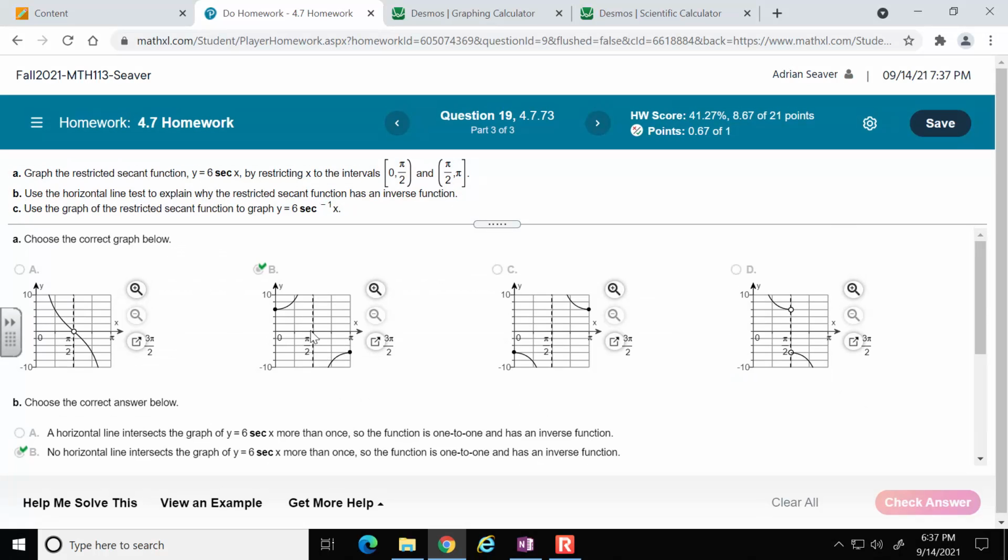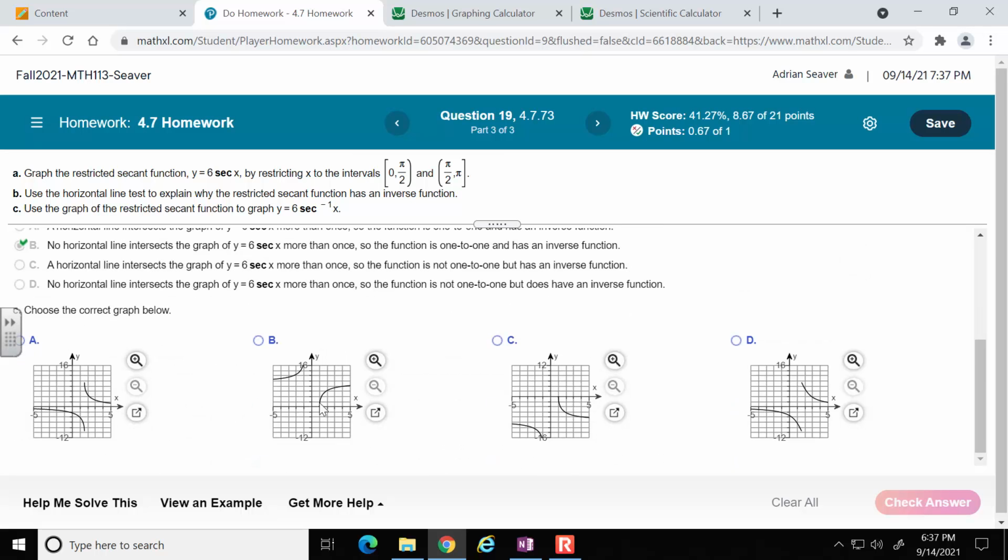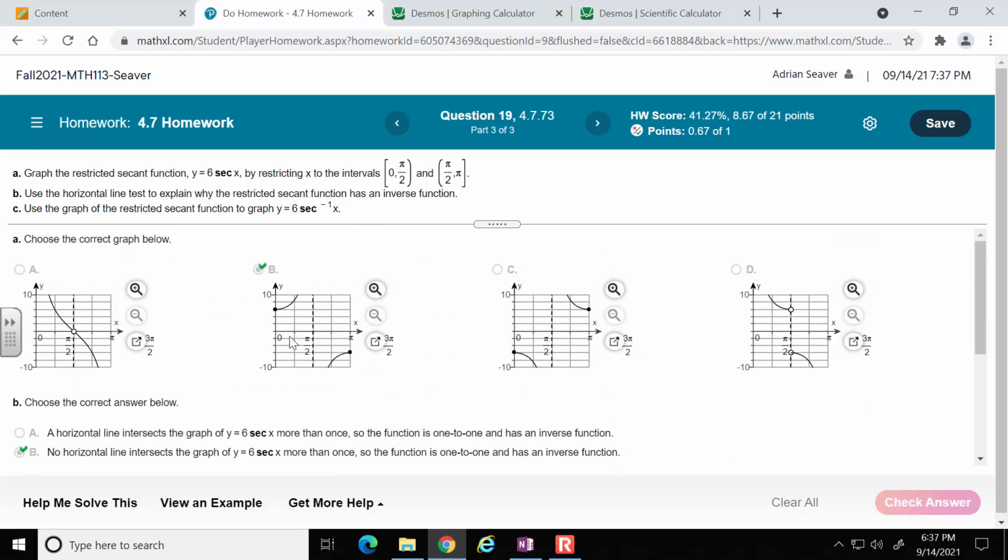Let's say the point pi, comma -2. So -2, comma pi should be on our graph. That looks like it's way bigger than pi. Oh my goodness.